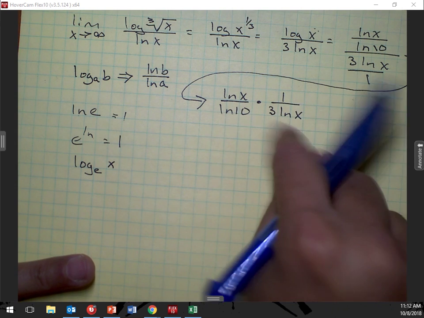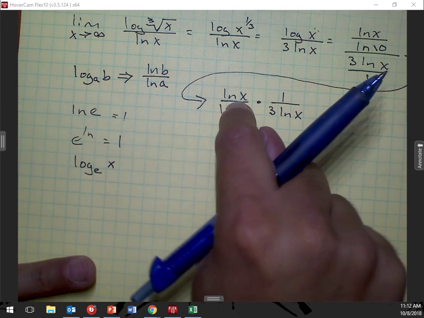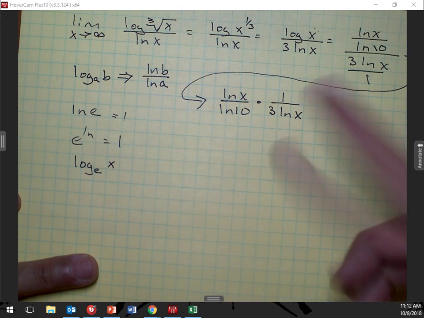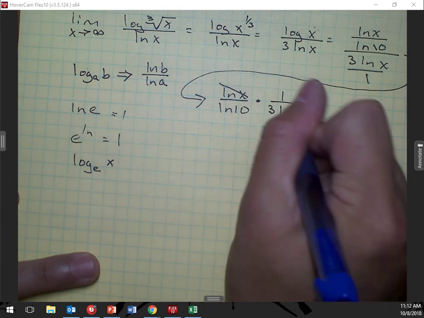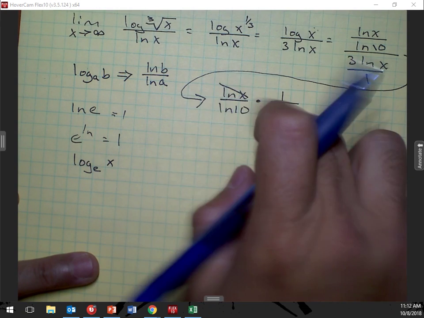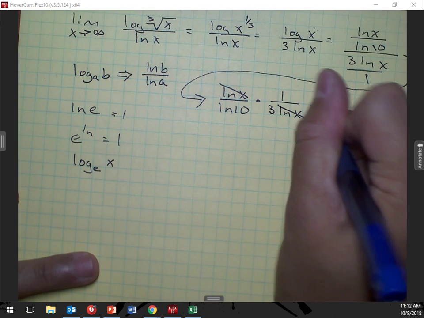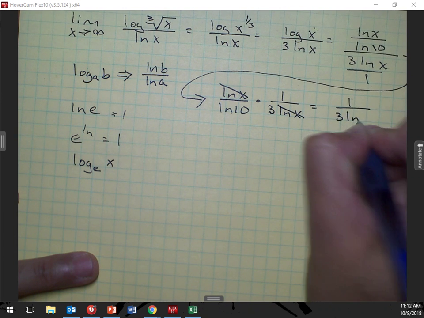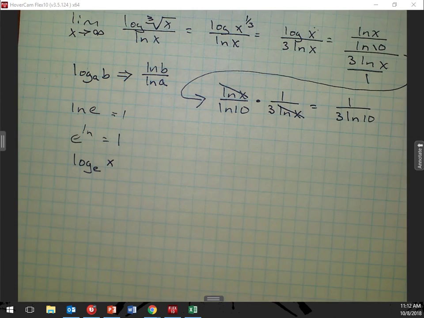Cancel out, right? Since I have an ln x on top and an ln x on bottom, I could cancel this out. Bam. Now, I'm left with 1 over 3 ln of 10.